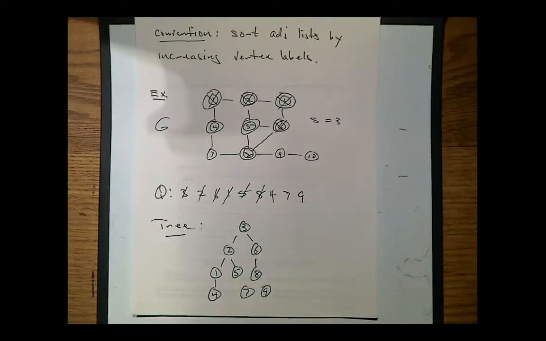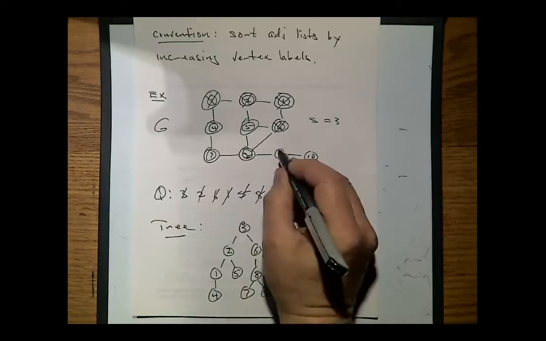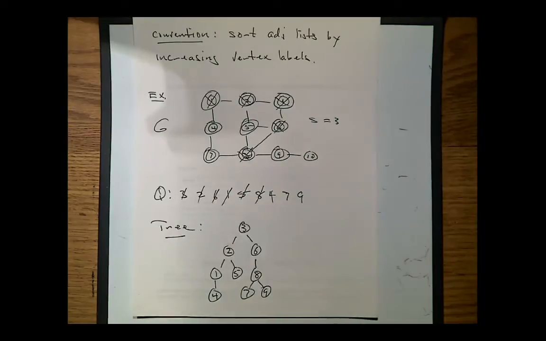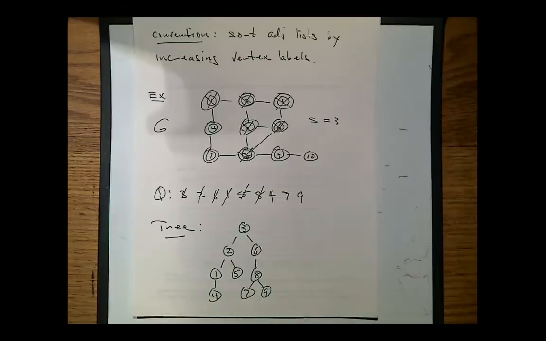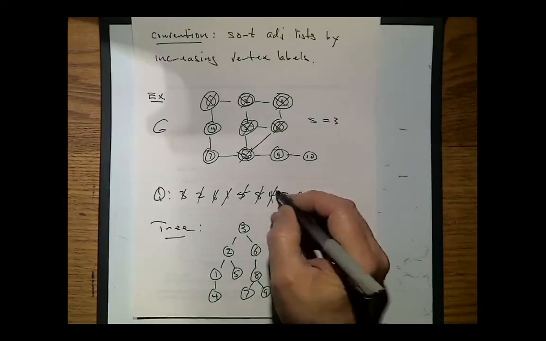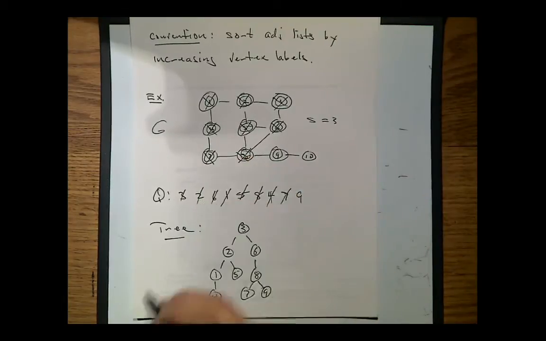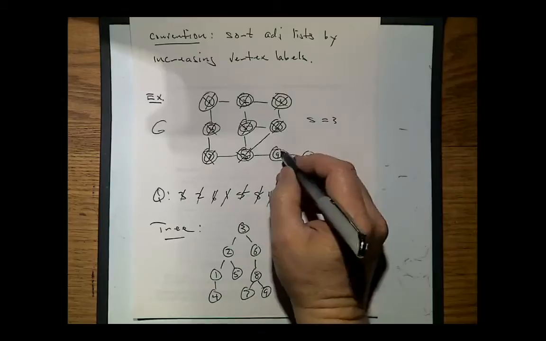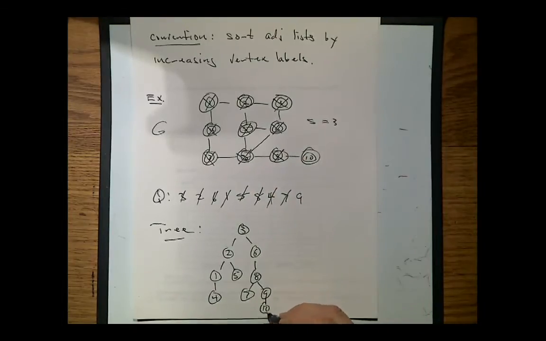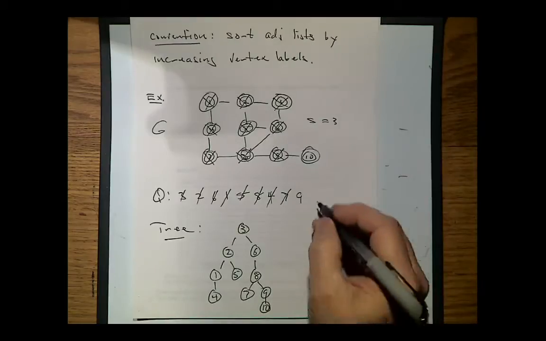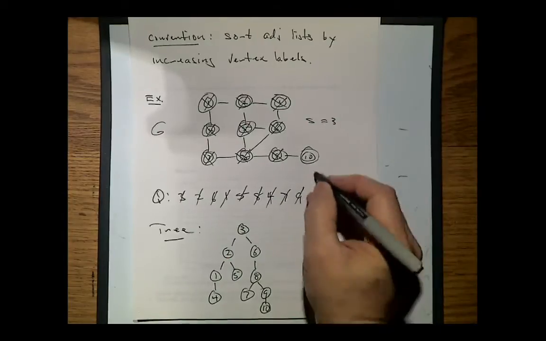Yeah, okay. 7 and 9, those are children of 8. 5 is now black, sorry. And then 4 has no undiscovered neighbors. 7 has no undiscovered neighbor, so no children. 9 has 1 undiscovered neighbor, 10. 9 is done, and 10 has no undiscovered neighbors.